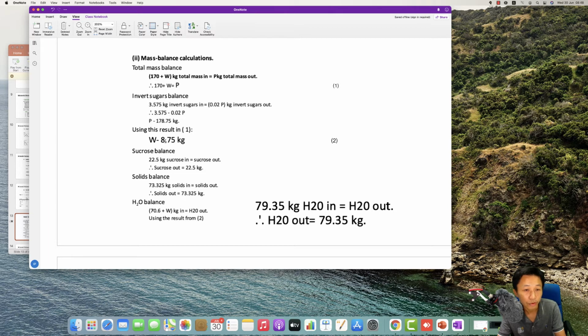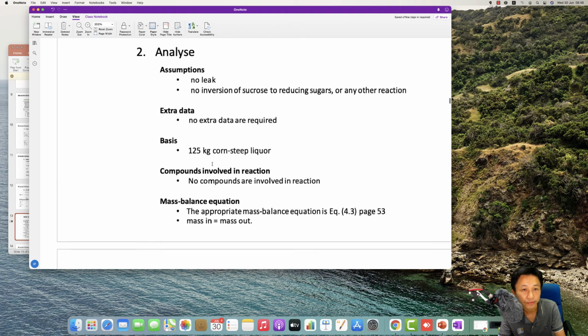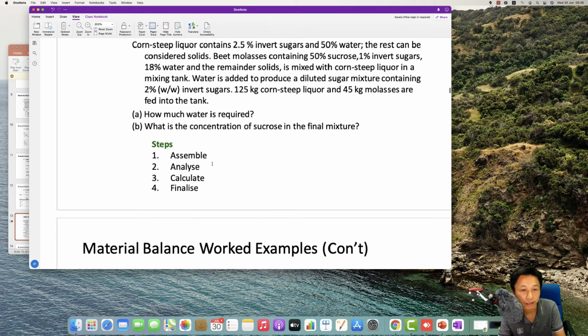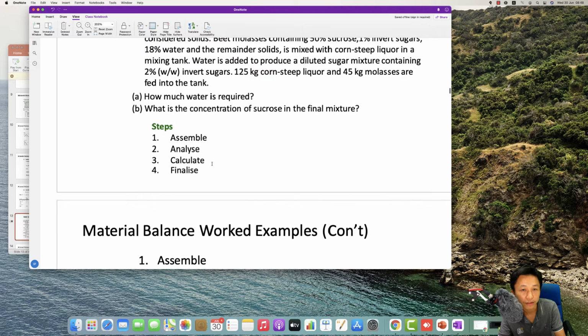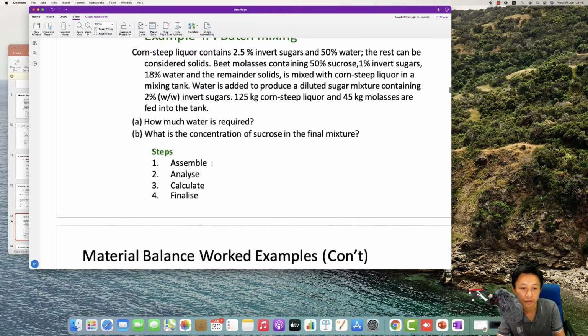W is water, so we have only this one, right? I think we already answered this question. 8.75 kilograms of water is required, and the other one is the concentration of sucrose in the final mix.